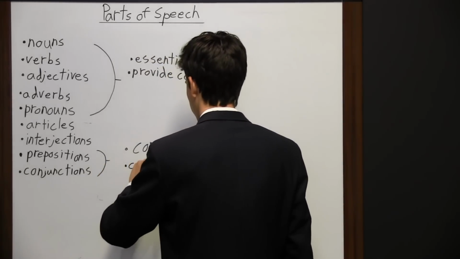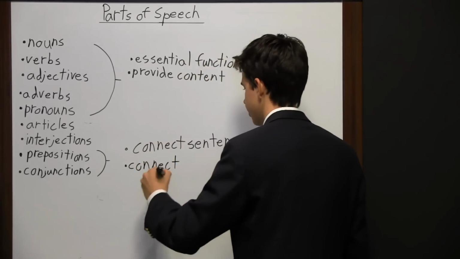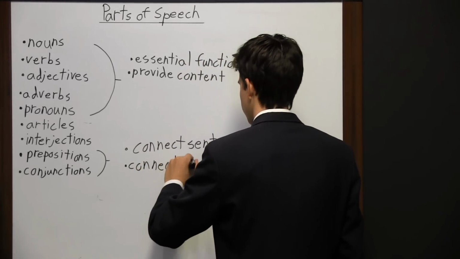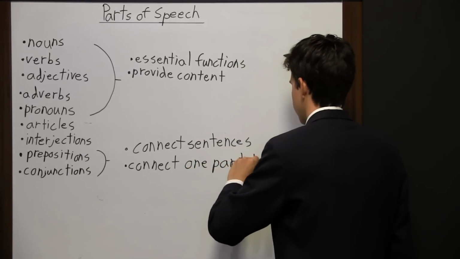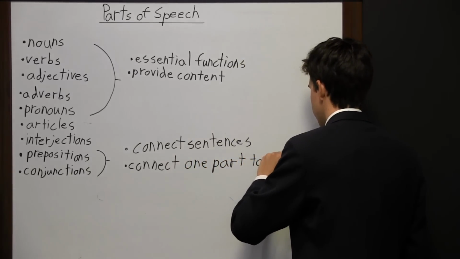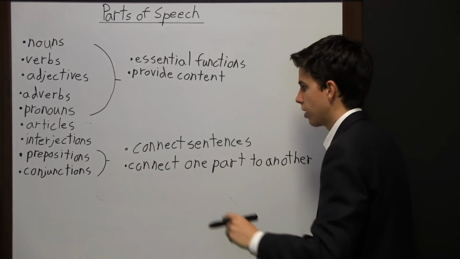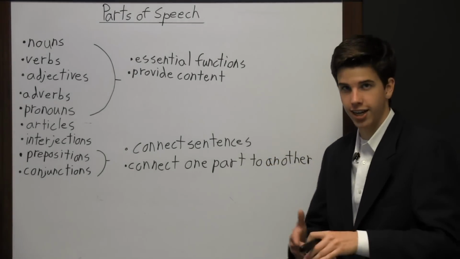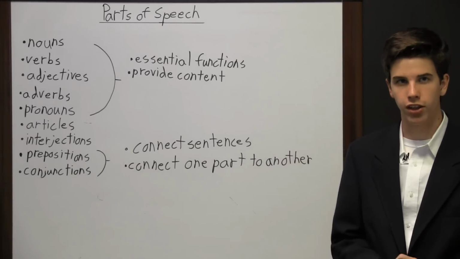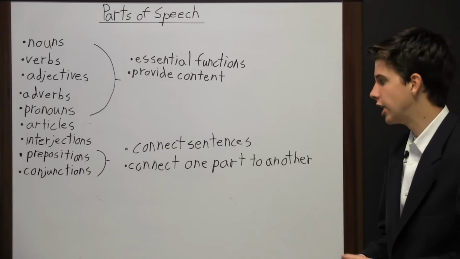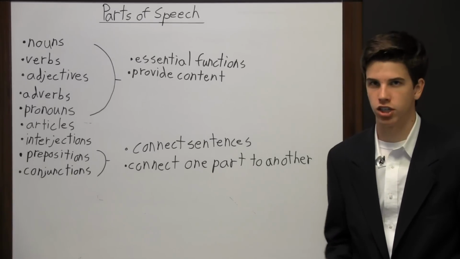And when I talk about one part, I'm talking about one part of a sentence. So these prepositions and conjunctions can connect sentences to each other, and then within a sentence, they can connect one part, either one idea or one action, to another idea or action.